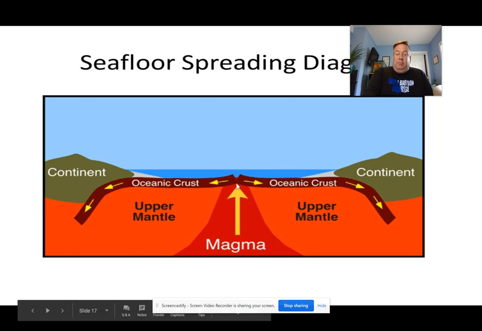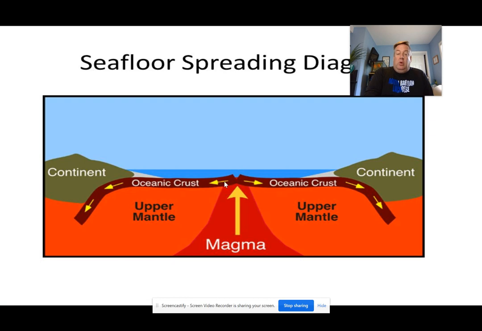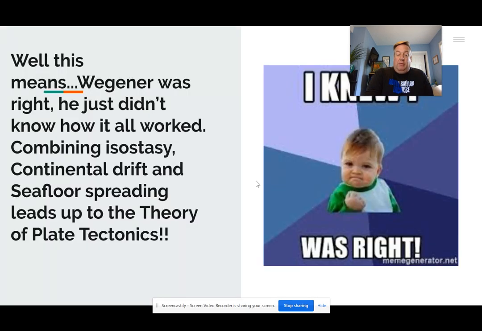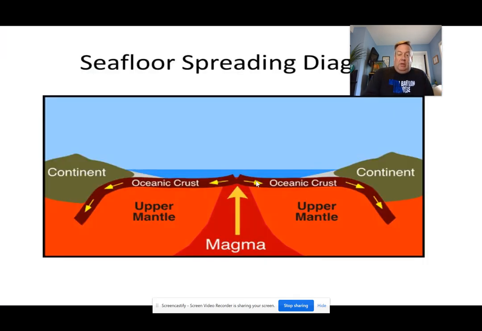Magma comes up, it's hot, it hits the cool ocean floor, forms new crust, and it is pushed to the left and the right away from the middle of the ridge. This causes the ocean floor to move towards the continents because it is denser.